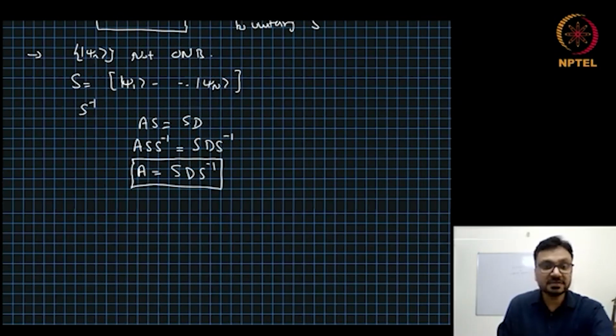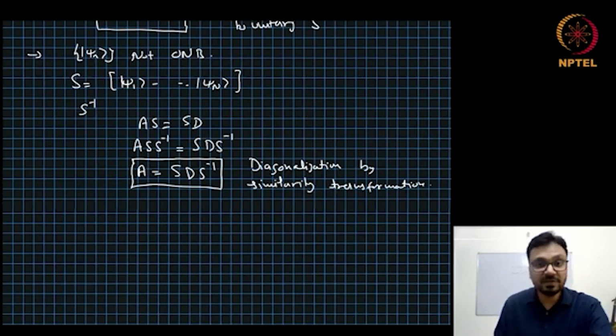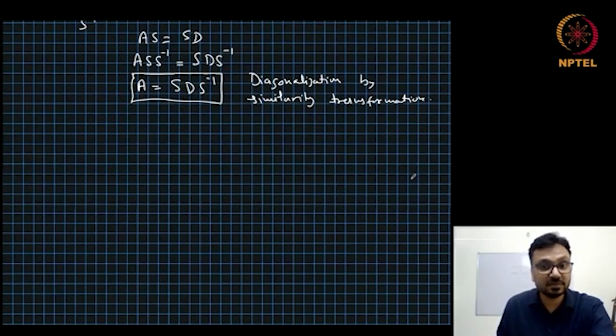This is the diagonalization by similarity transformation. The previous one with unitary, that is also a similarity transformation, but of a very specific type, where we are using the unitary matrix instead of just an invertible matrix.